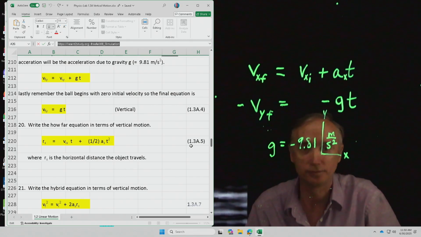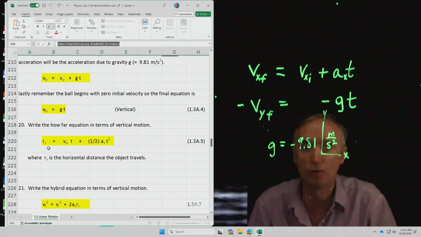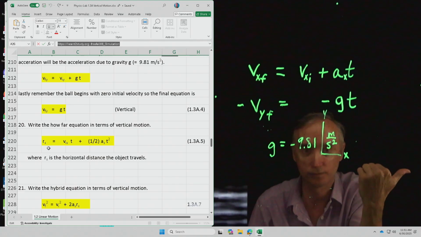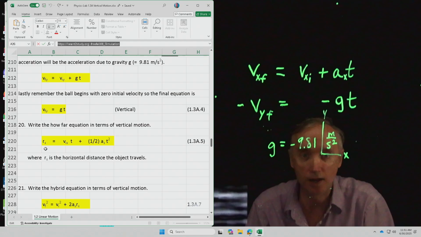Now it's your turn. So here is the how far equation. This one is the how far going sideways. So you see I've got R sub X, and then this would be the velocity in the X direction, and then this is the acceleration in the X direction, and then T squared.